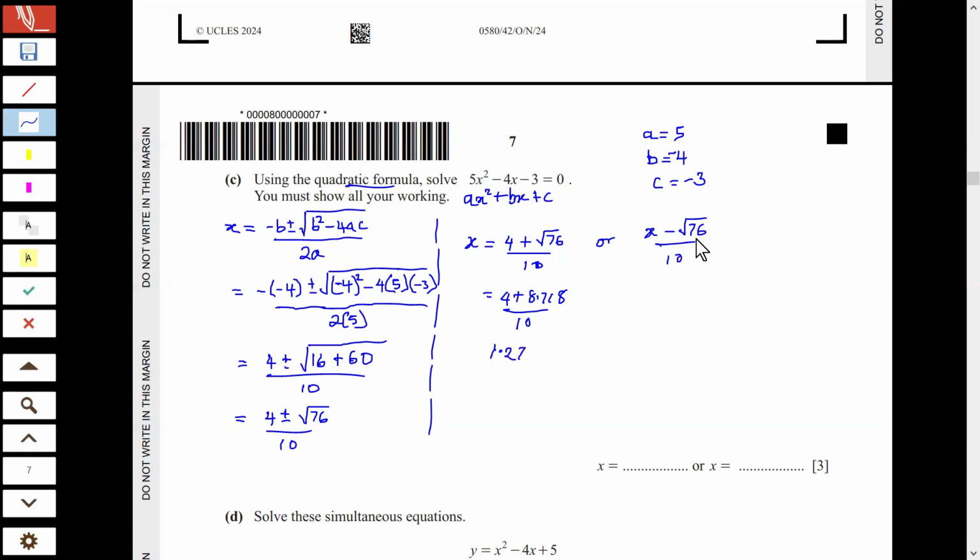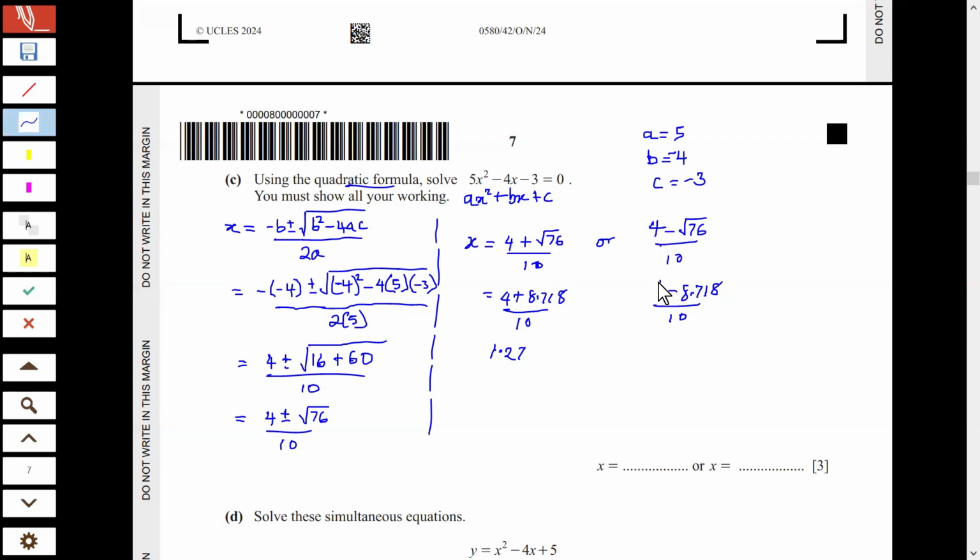And for the next value of x, we have 4 minus 8.718 over 10.